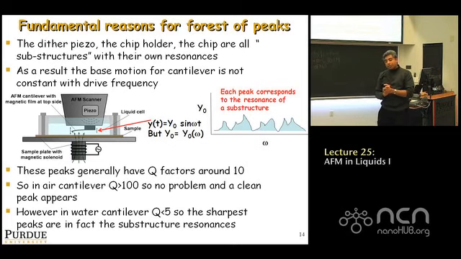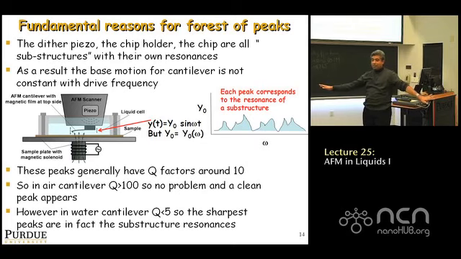So in air, this forest of peaks doesn't play a very big role because the cantilever has the highest Q of all these resonances. These resonances are roughly a Q of about 10, but the cantilever's resonance is 100, maybe 200. So it stands out like Sears Tower.